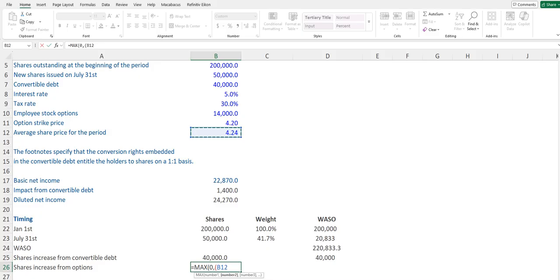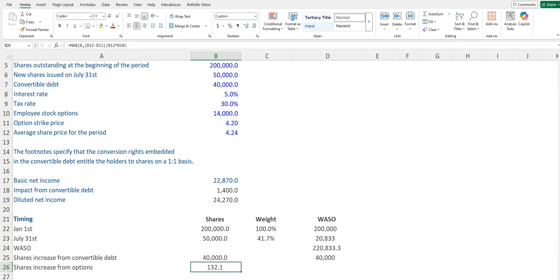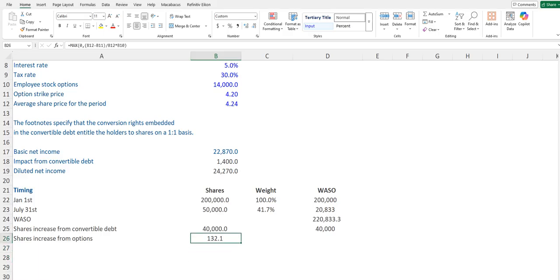We just assume it's the current share price, and then minus the option strike price, divided by the current price or average share price for the period, and then multiplied by the amount of stock options the company has, which is 14,000. And that's the total shares converted from option exercise.